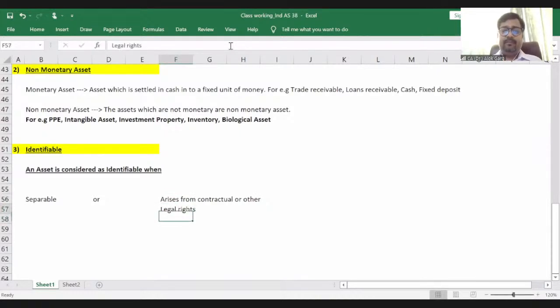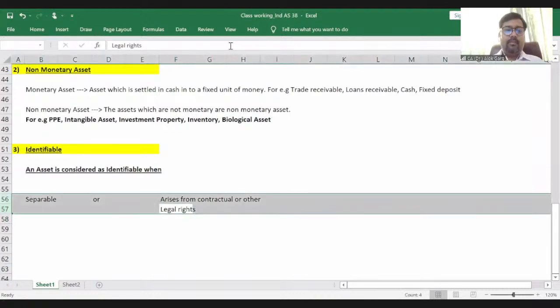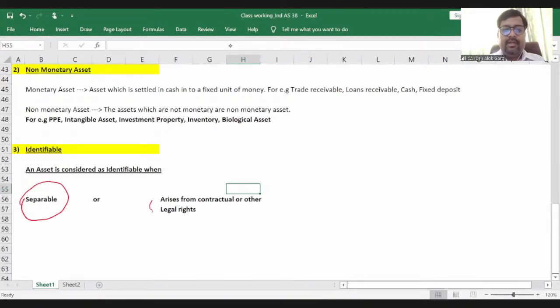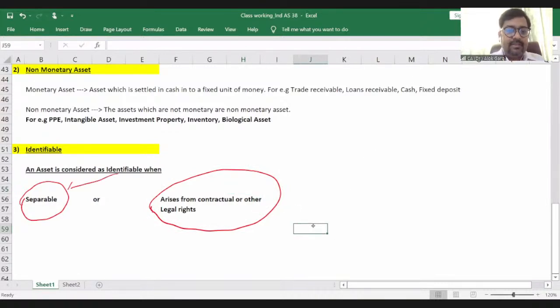So friends, an asset is considered identifiable when it is separable, or it arises from contractual or other legal rights, right?